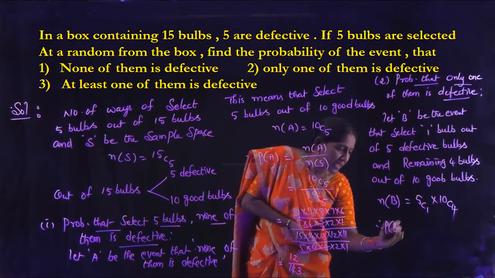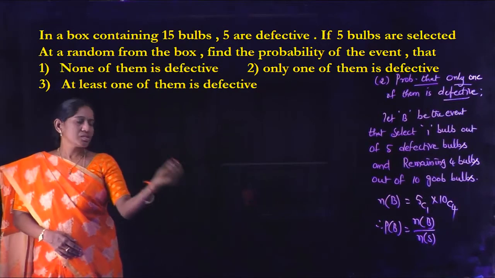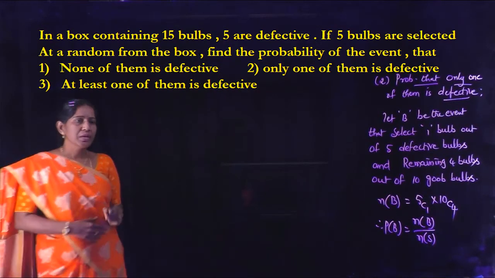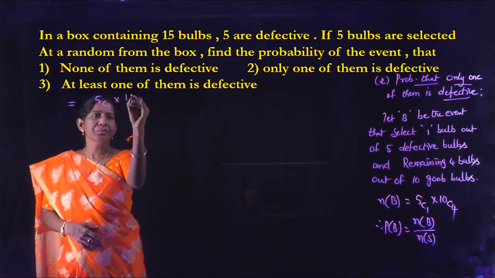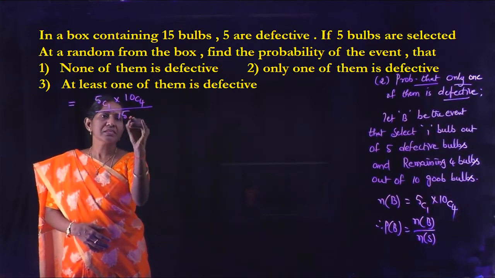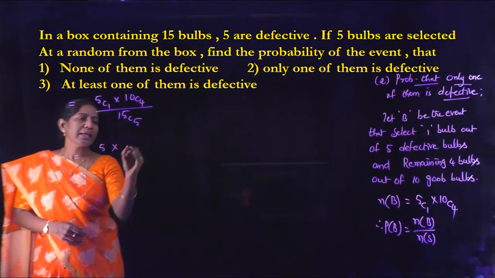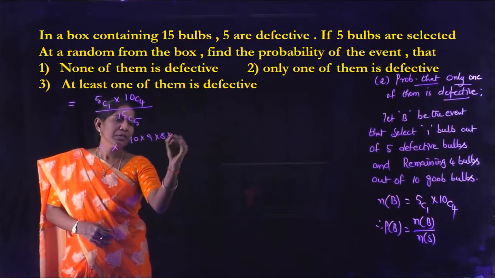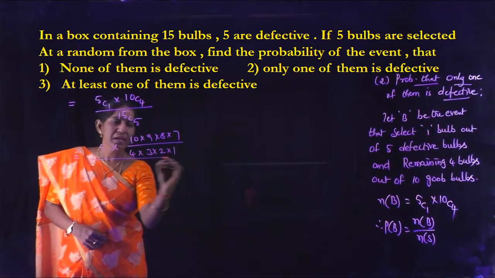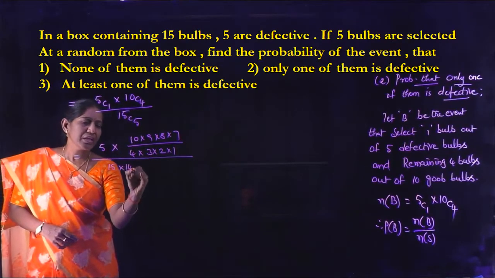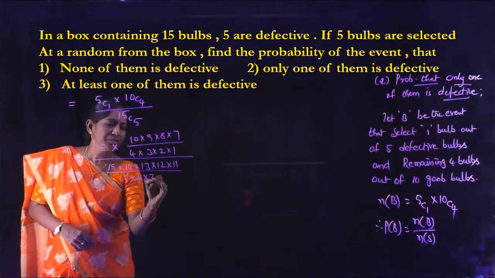Therefore, P of B equals n of B by n of S, that is 5C1 into 10C4 by 15C5. 5C1 is 5, and 10C4 is 10 into 9 into 8 into 7 by 4 into 3 into 2 into 1, divided by 15C5, that is 15 into 14 into 13 into 12 into 11 by 5 into 4 into 3 into 2 into 1.